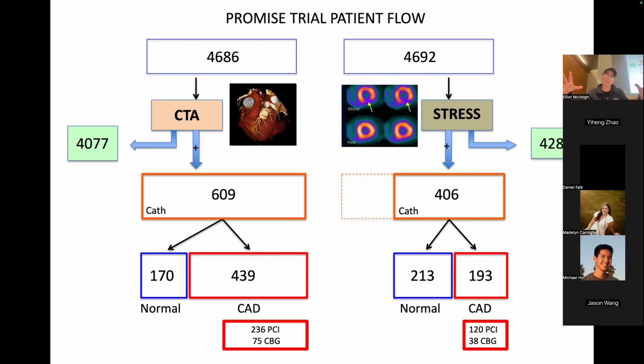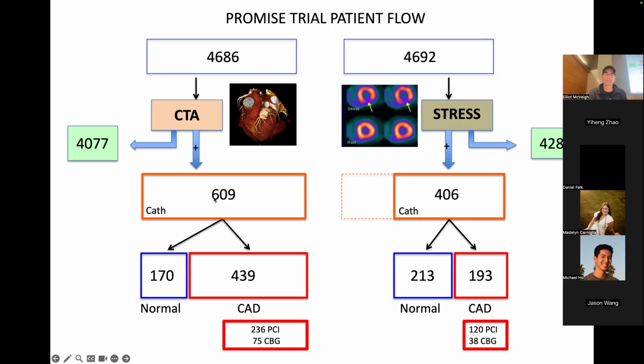When they got there, vessels open, no disease, right? 193 actually had disease. And of those, 120 got stents and 38 got basically bypass surgery. So if you have a lesion way up close to your aorta, usually they just bypass it. They don't try and put a stent too close there.